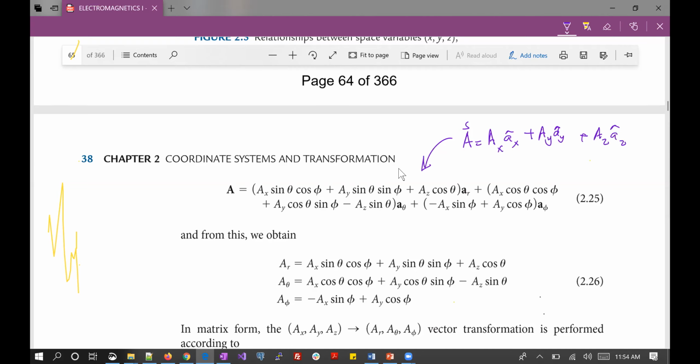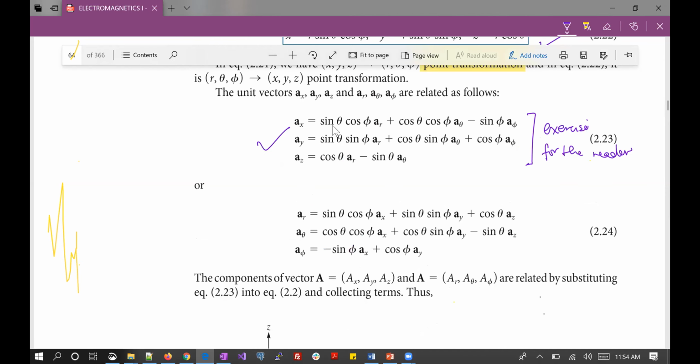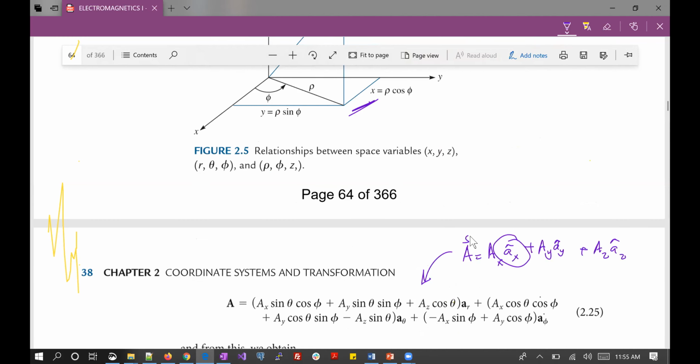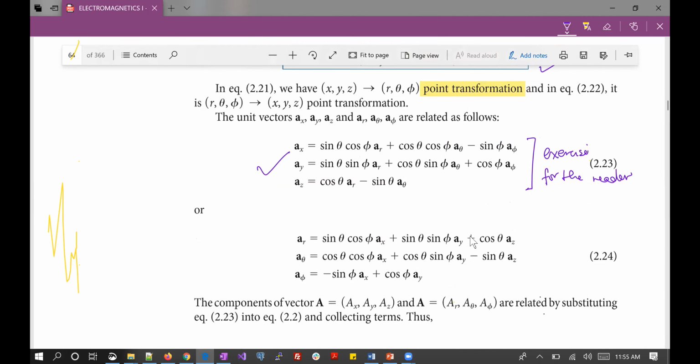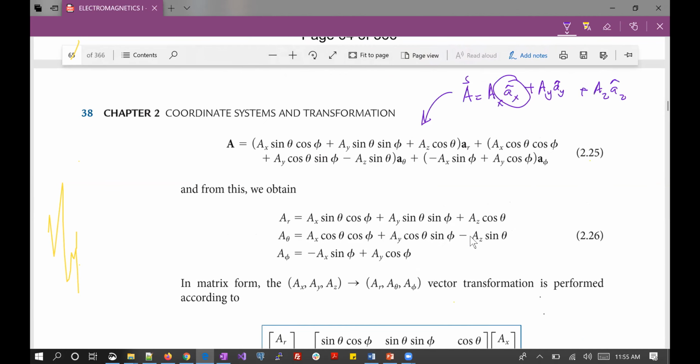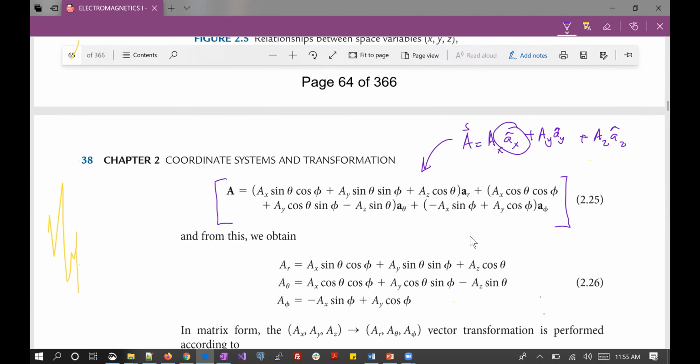And therefore, if you now replace this with the definition that we have just obtained for it here, it has 3 terms, then what you will actually find is that this becomes the expression of A in terms of its spherical unit vectors or coordinates. That is similar to what we did for cylindrical and Cartesian.